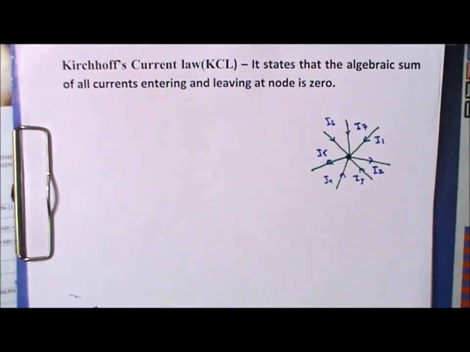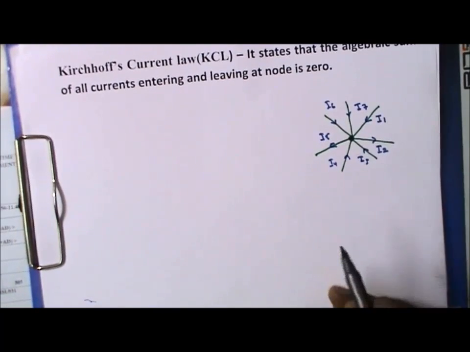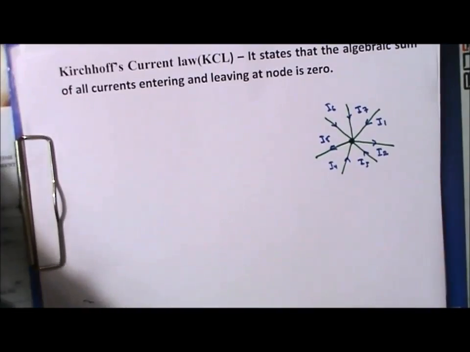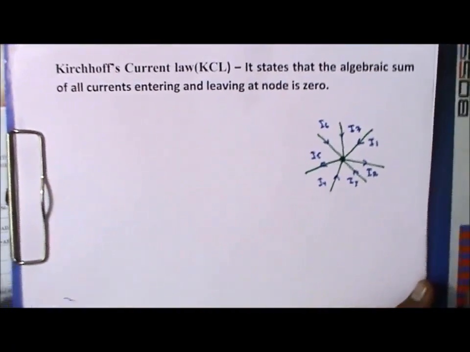So in any node there are, let us suppose, 7 currents, some of which are entering and some are leaving the node. So we have to write an equation which shows that the algebraic sum of all the currents entering and leaving at the node is equal to 0. What does it mean? It means that we have to follow the sign convention. What is the sign convention for it?